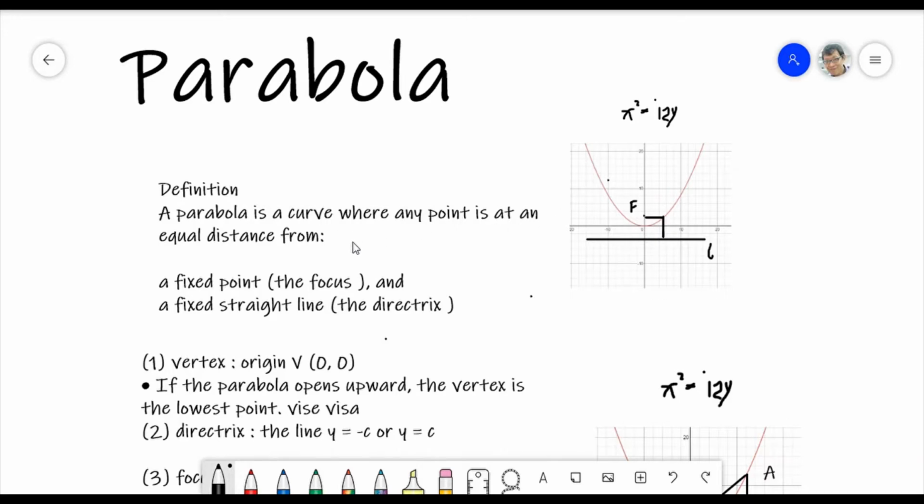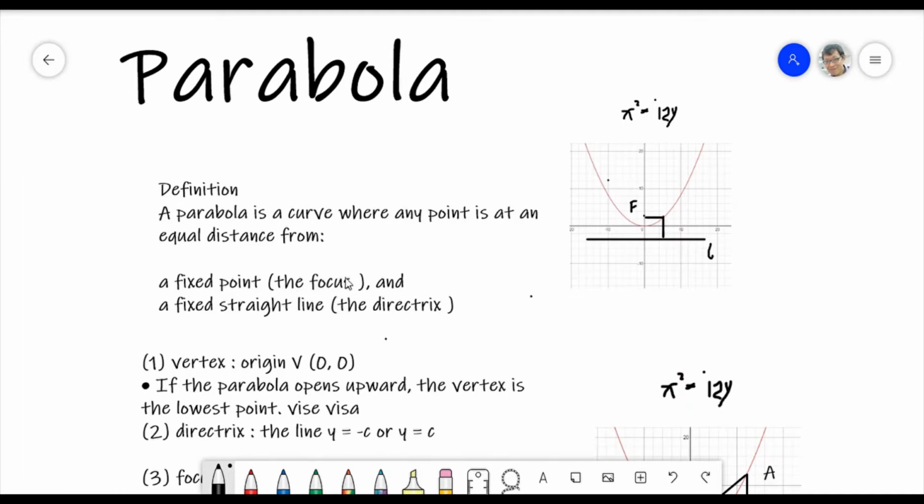A parabola is a curve where any point is at an equal distance. What that means is any point on this line, or on the parabola, has equal distance to the focus.